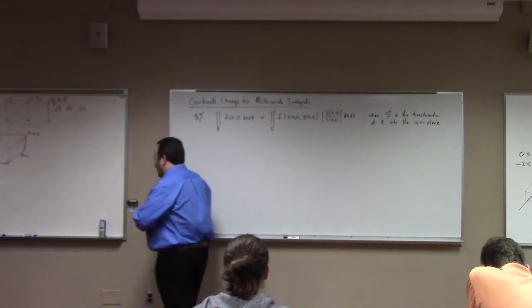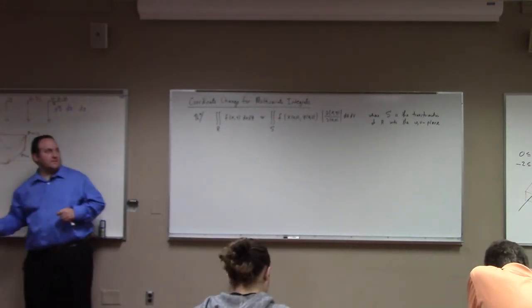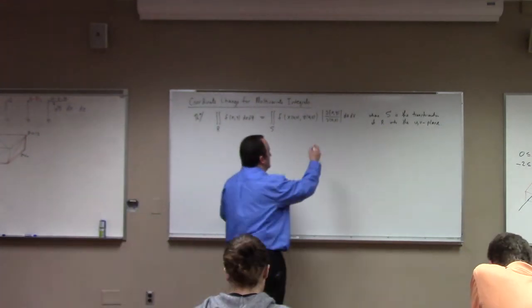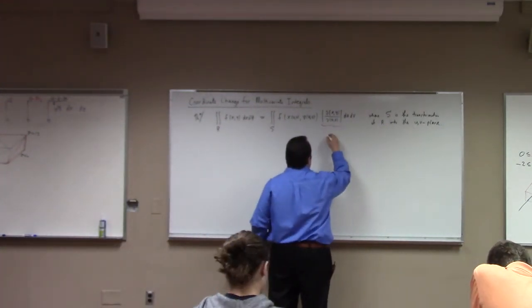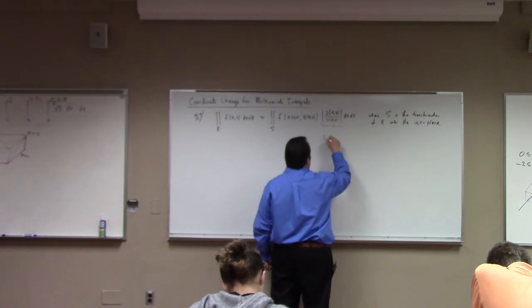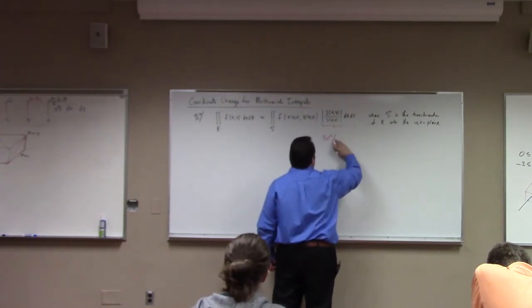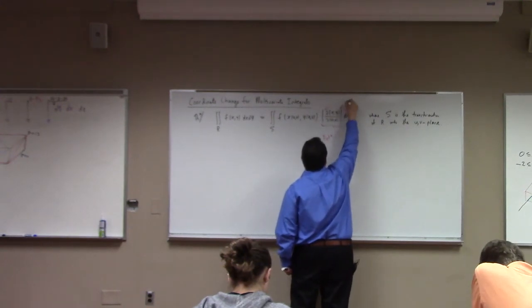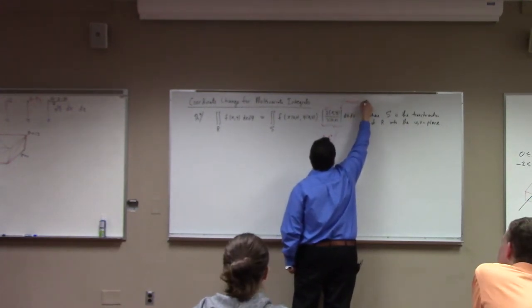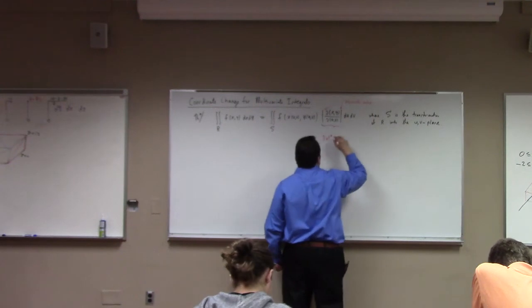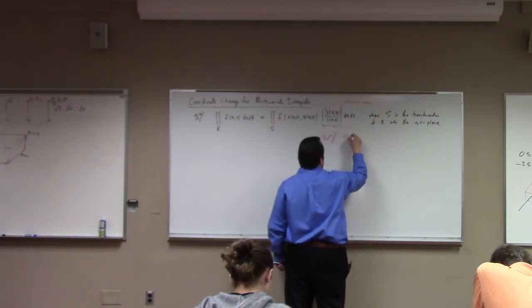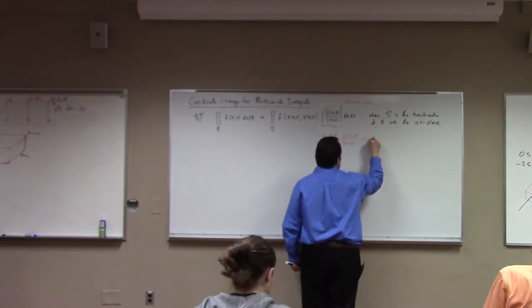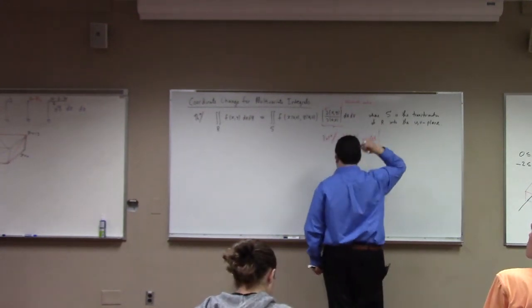And furthermore, this right here is, by definition, ignoring the absolute value bars, the determinant of what I would call the Jacobian matrix.